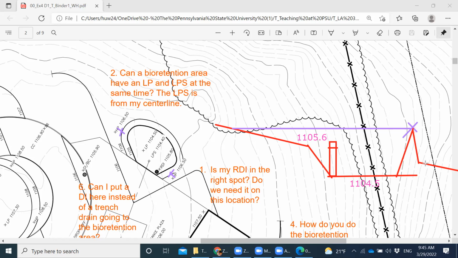Maybe I could remove that 1106 contour, and that's what you're trying to create. If you want, let's see, HP here. That's a possibility. So then that does not need to go up to 1106.